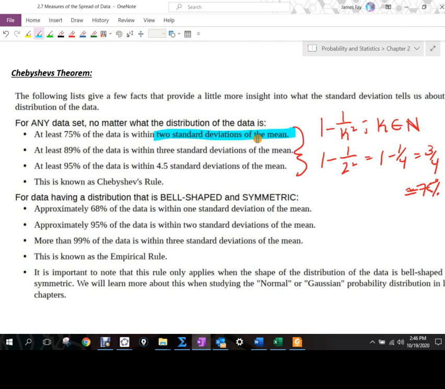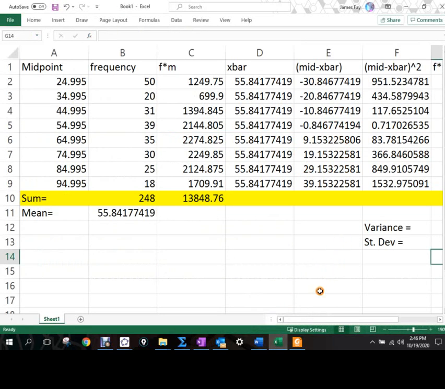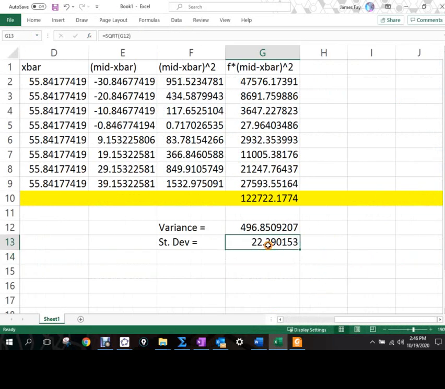So what I want to do is go back up to the previous problem. If this is our standard deviation, I'm going to take my mean minus 2 standard deviations, and over here I'm going to do mean plus 2 times my standard deviation, and see what that gives us.